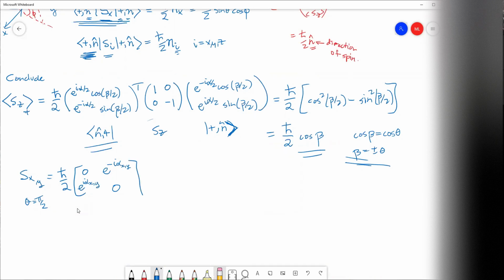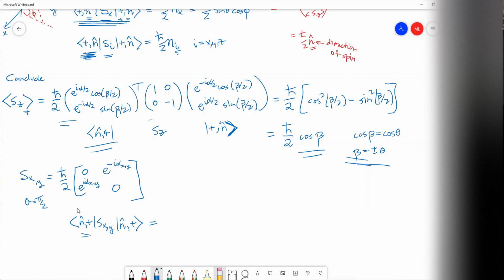So this is what it must look like for measuring along the x or y directions. And we can do the same kind of business where we take the expectation value of S_x and S_y, with n hat plus, S_x comma y, n hat plus. I'll spare you the algebra, but it's exactly the same as this.